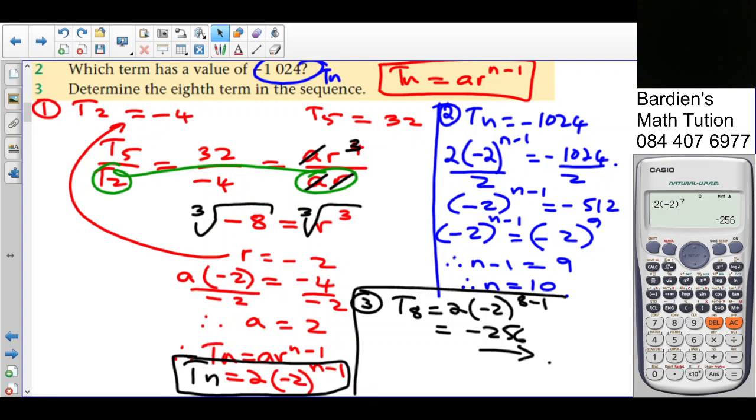Divide by negative 2 both sides. So A is equal to 2. We answer the question. The question says determine Tn. So therefore Tn is equal to AR^(n-1). You don't need to write the formula down again. So it's 2, R is negative 2, to the n minus 1. Okay.